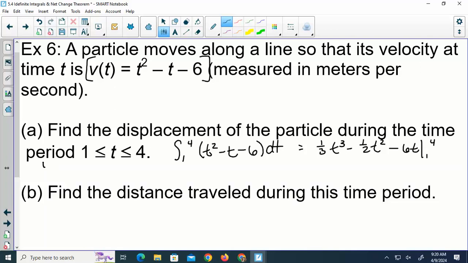So if we put in a 4, we get 64 over 3. 4 squared is 16 times a half is 8. Minus 24. Minus, we put in a 1, that's 1/3 minus 1/2 minus 6.